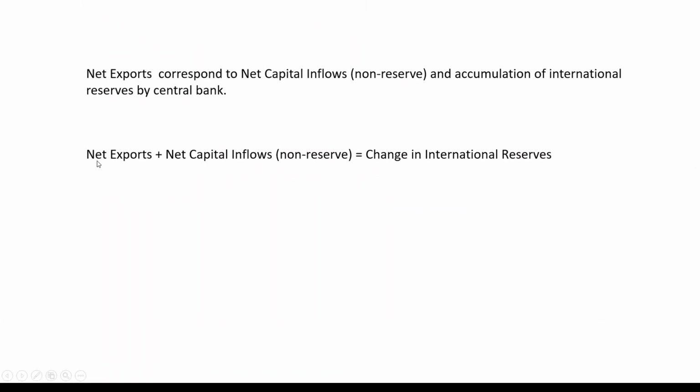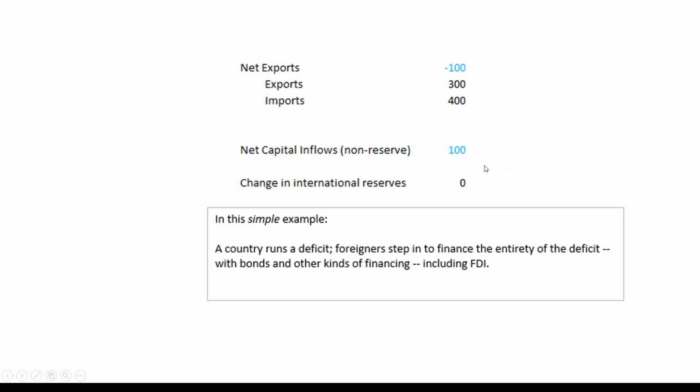But right now, all I want you to keep in mind is that we're expanding the financing that a country can have to net capital flows, non-reserve, exclusive of reserves, and then the changes in international reserves.